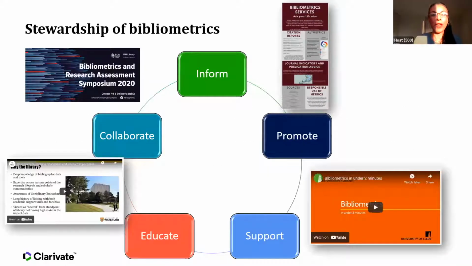And so when I think of the areas that librarians can work in, and what we've done at Sinai, it is really around these 5 activities. And what I have here, again, are great examples from libraries all over that have been using different media to inform, to promote, support, educate, and collaborate with patrons around bibliometrics topics.